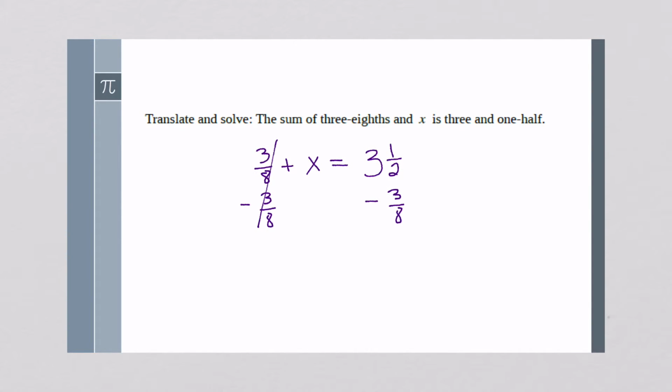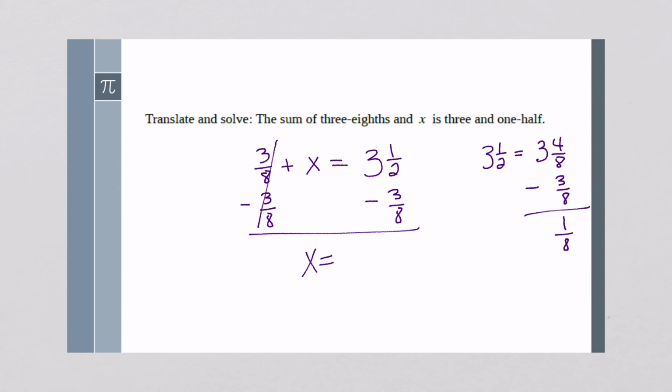And that goes away. I'm left with x on the left-hand side. Now, I need a common denominator over here. So off to the side, I'm going to do 3 1/2, which can be written as 3 4/8 minus 3/8. And so 4 minus 3 is 1. 3 minus nothing is 3, so I get an answer of 3 1/8.